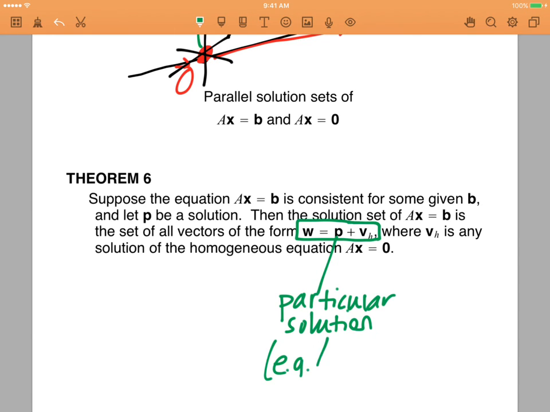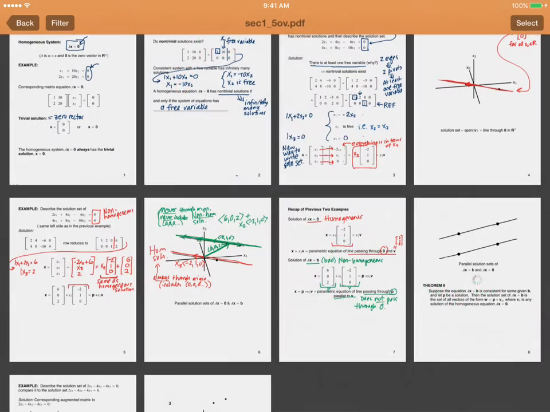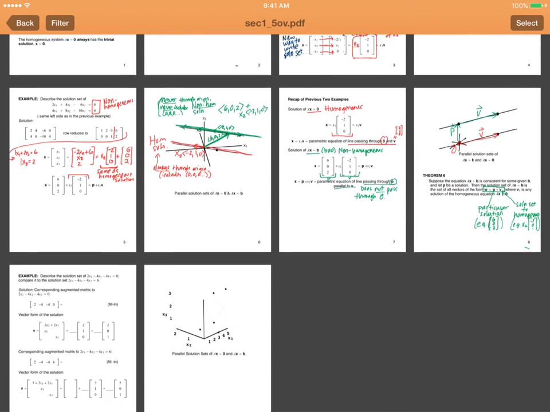In our example, it was the 602. And then V sub h is the solution set to the homogeneous, which in our case was the x2 times the -201.